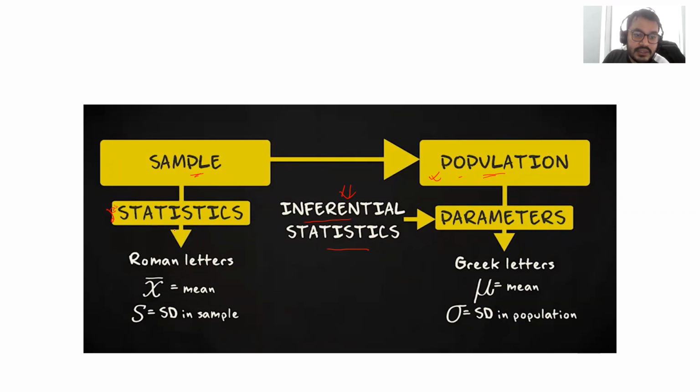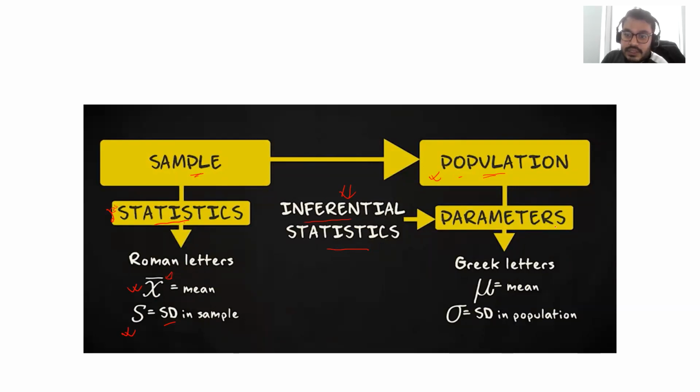In sample data, the mean is referred to by the symbol x bar, and the standard deviation by capital S. These are called statistics in sample data.